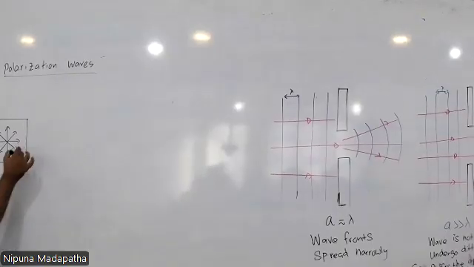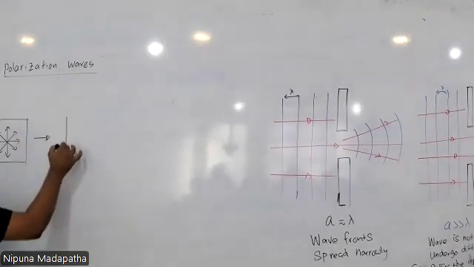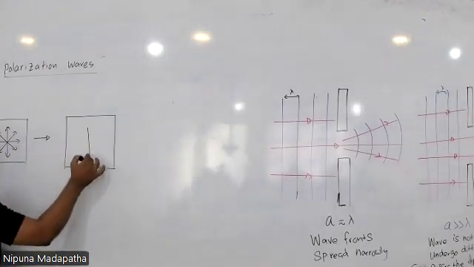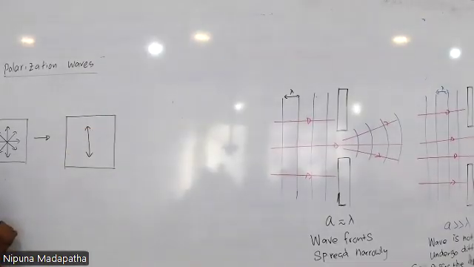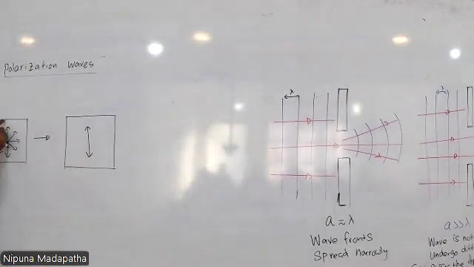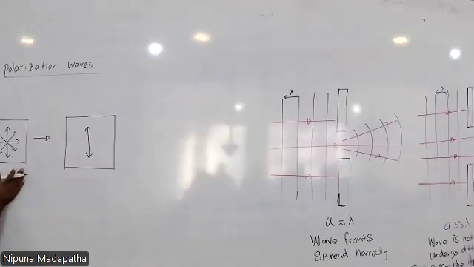Polarized means we restrict the oscillation of this transverse wave to a single plane. Polarization is the phenomenon in which we restrict the oscillation plane of the transverse wave to a single plane.